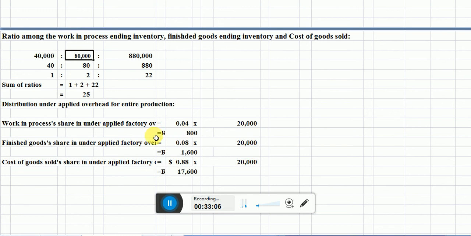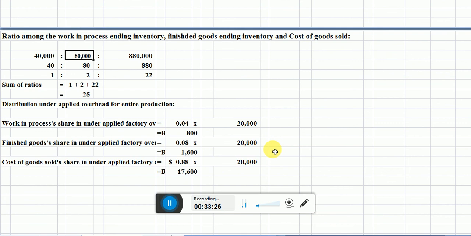The amount is 800 rupees here. Finished goods' share in underapplied factory overhead, fraction into 20,000 rupees, is 1,600 rupees here. Now cost of goods sold's share in underapplied factory overhead is 17,600 rupees here.